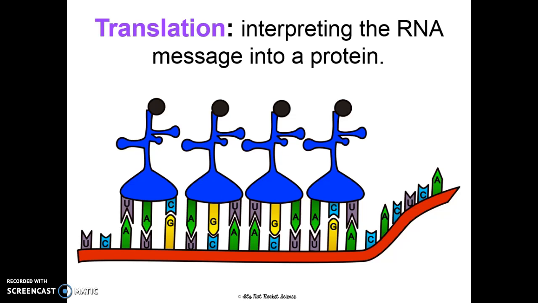So when we have our mRNA, we have a number of tRNA that are going to be bringing over amino acids. But the whole point of this is that the mRNA message that's coming from the DNA is just being translated into a protein. That's where the name actually comes from. It's translating a message.